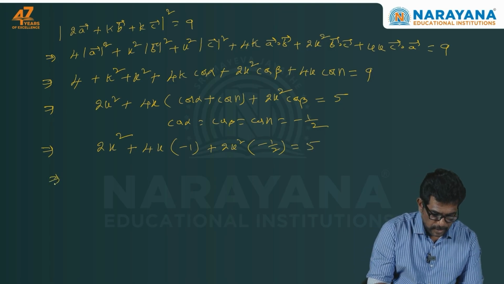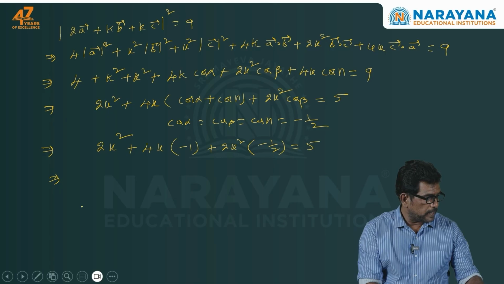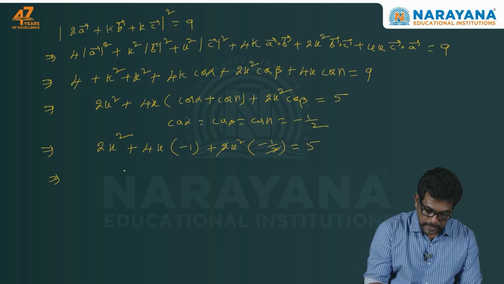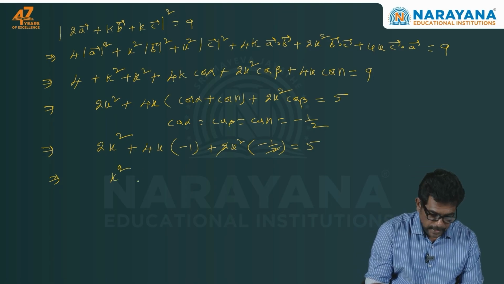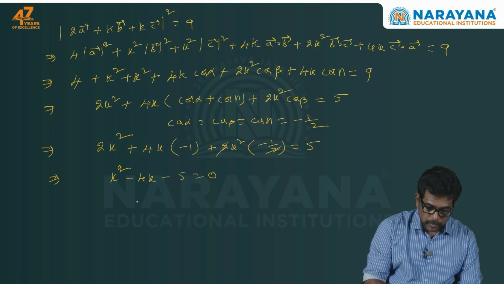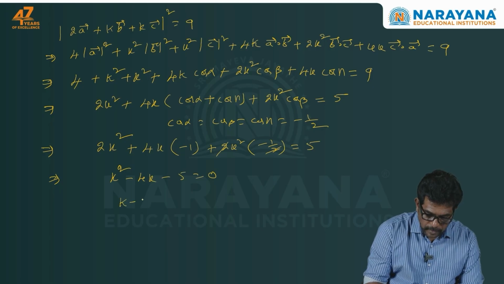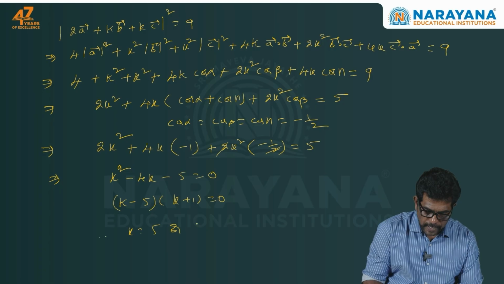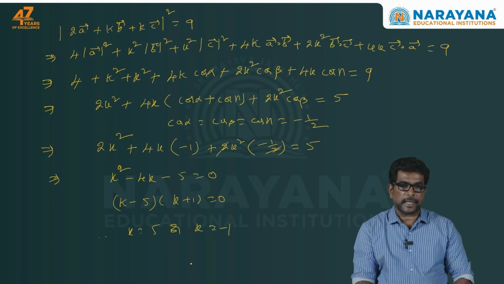Now by simplifying this, 2k square minus k square becomes k square, minus 4k minus 5 is equal to 0. Now by factorizing, k minus 5 into k plus 1 is equal to 0. Therefore k is equal to 5 or k is equal to minus 1.